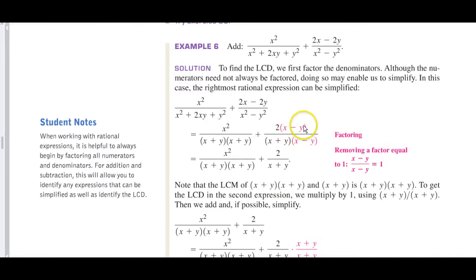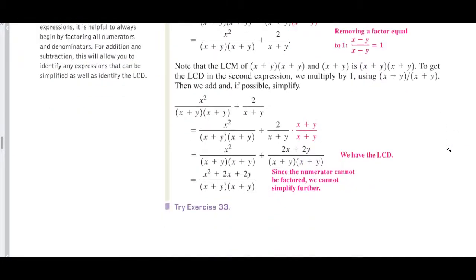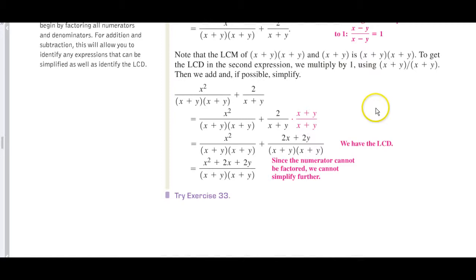So they're taking this out. They're factoring this out. And then they end up with this. So now, when you see what you have here, and this gets to be quite long, what will your common denominator be between these two?